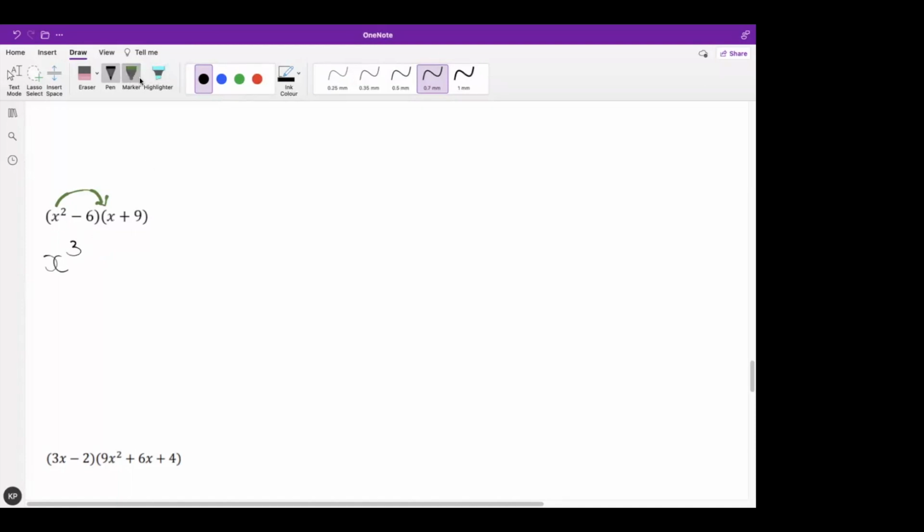Outer, so x squared times positive 9. X squared times positive 9 is plus 9x squared.